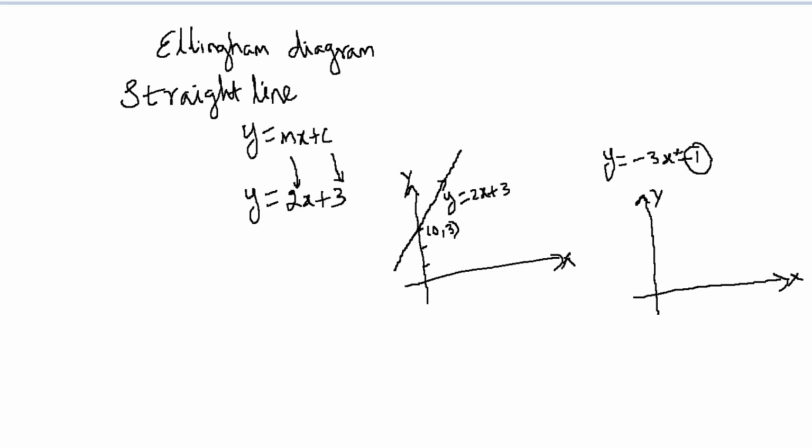So 0, 1 is this point. Look at the sign of the slope, it is negative. So from this y-intercept the line travels left side upward. If the slope is positive, from the y-intercept the line travels right side upward. Now the slope is negative, so the line travels left side upward. So we can extend.